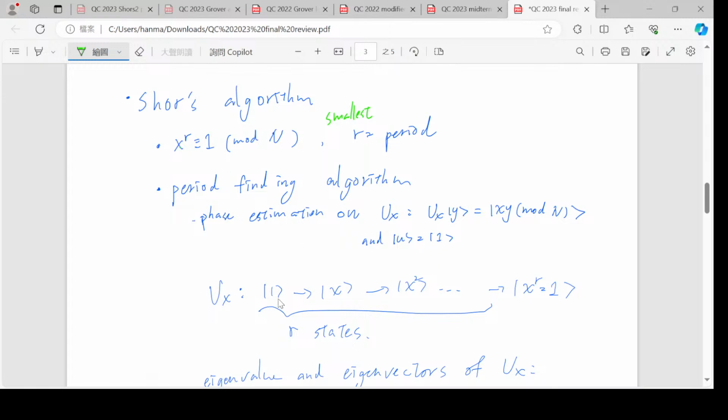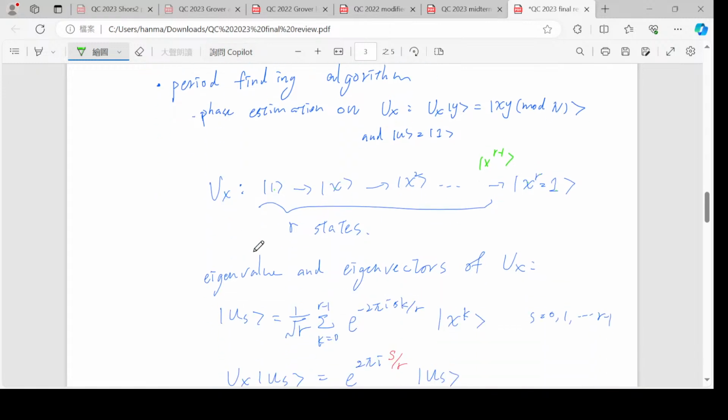Think about how U_x applies on 1. U_x applied on 1 becomes x, applied again it becomes x squared, and after you apply U_x r times, it becomes x to the r, which equals 1. So as you keep applying U_x on 1, there will be r different states, from 1 to x to the r minus 1.